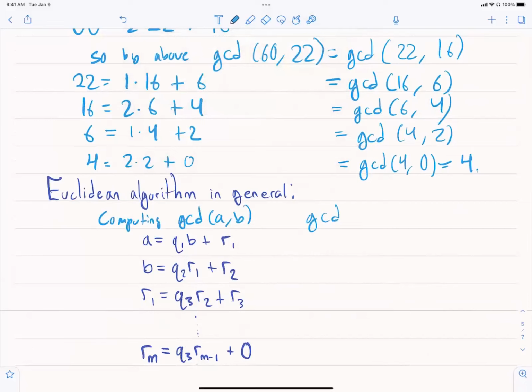So the GCD of A and B is equal to the GCD of B and R1. Then you divide B by R1. So we get B is equal to Q2 R1 plus R2. And applying that key observation again, the GCD of B and R1 is the same as the GCD of R1 and R2.